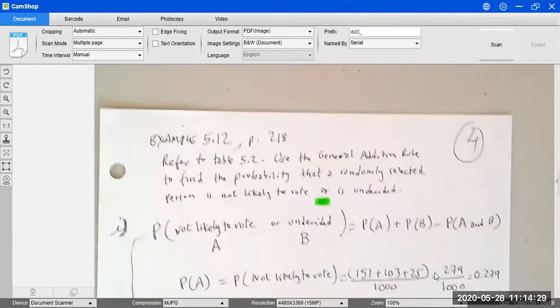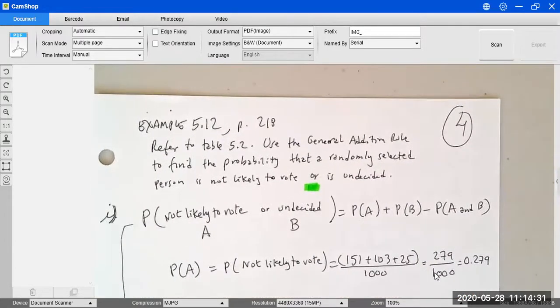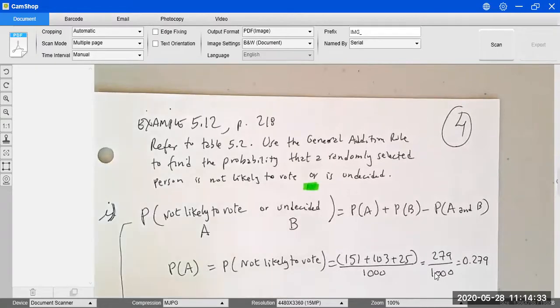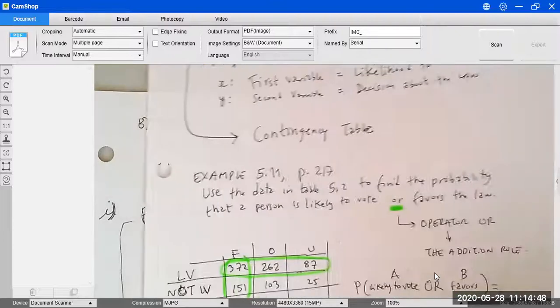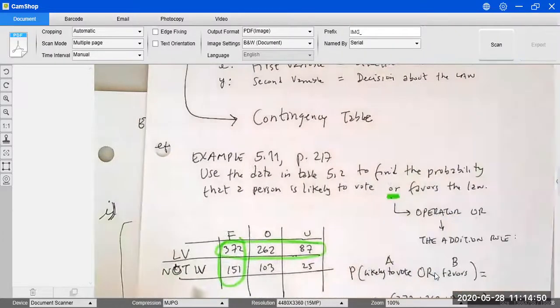So let's find those probabilities individually. First, the probability of a person not likely to vote. So we're going to check our table. Not likely to vote is the second row.